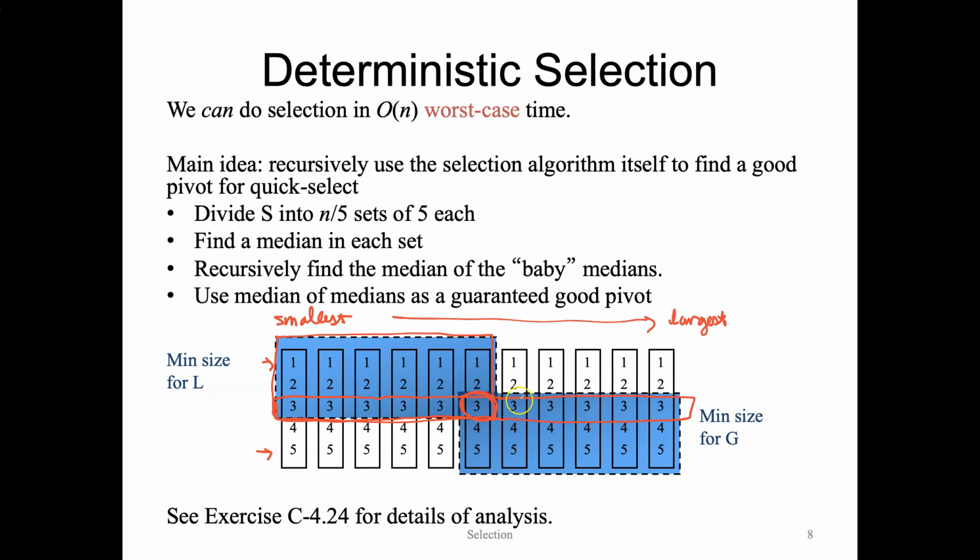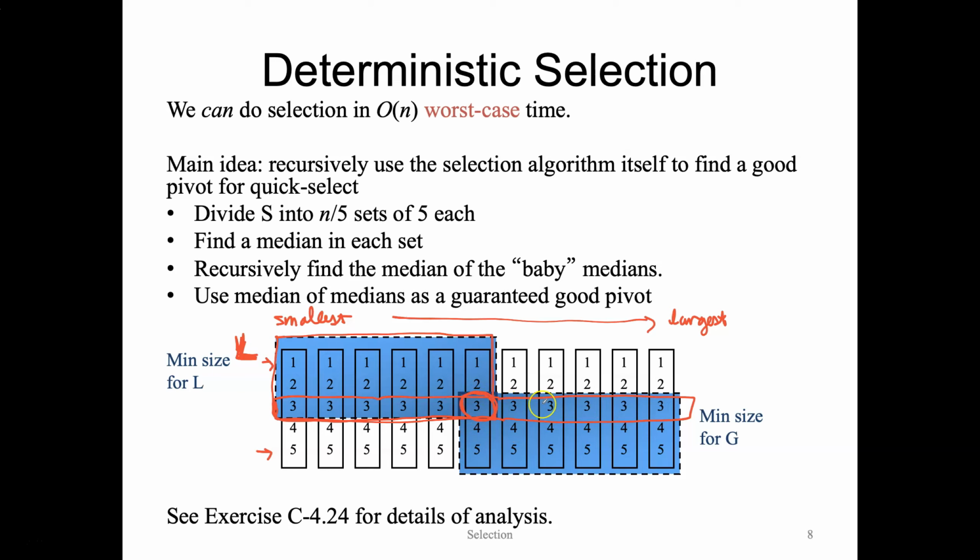So all of these items, at least all of these items, maybe more, but definitely all of these items will be in our list L, less than our pivot. And similarly, since we've ordered this from smallest to largest based on the medians, all of these medians are greater than our pivot, and all of these elements in the same sequence are greater than this pivot.